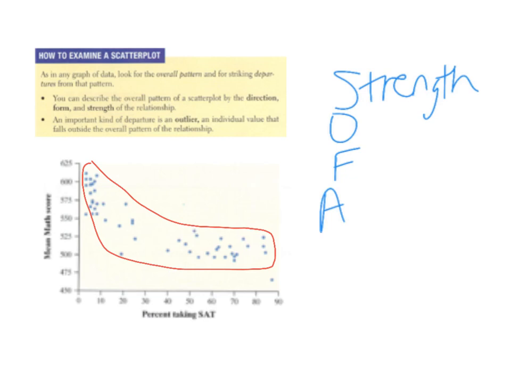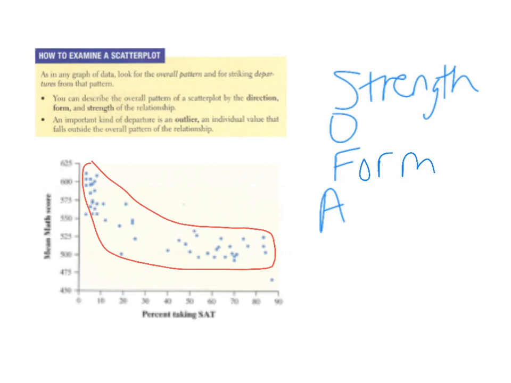Okay, so we'd say this graph had a moderate strength. Okay, but that's what we're looking for. We're looking for strength, is how close they are to the form. Okay, so the form, you can think of form similar to shape. Okay, so the form is our F here. So the form in this case is slightly curved.